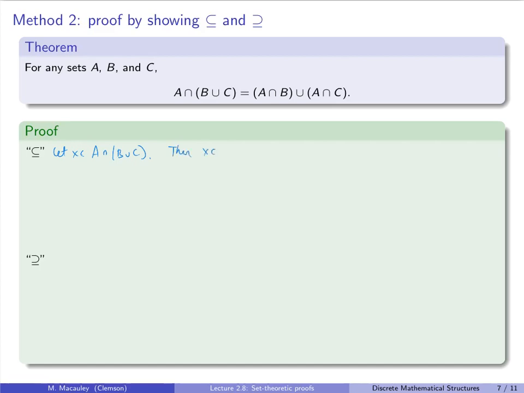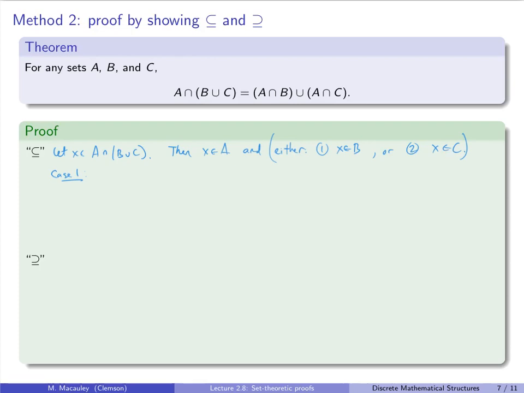That means X is in A and X is in B union C, so X is in B or X is in C. So again, we already know that X is in A, but also, I'll put parentheses here just to be clear, one of these things has to be the case.